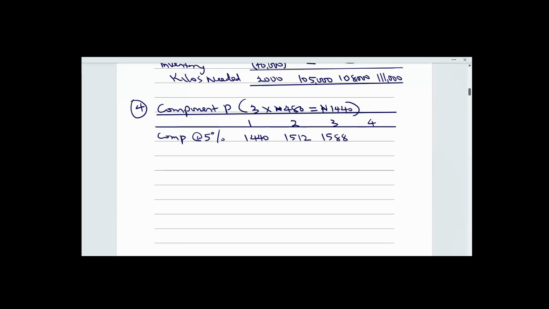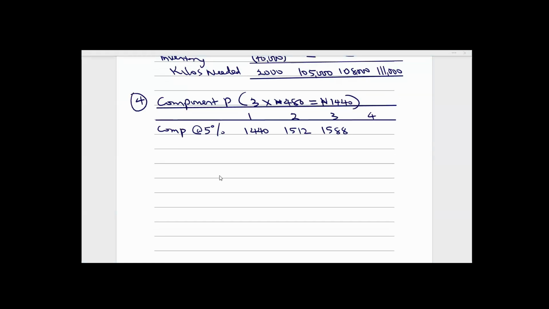What you have in the calculator, multiply by 1.05, equals 1,667.